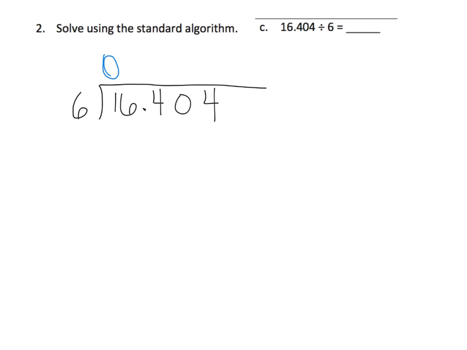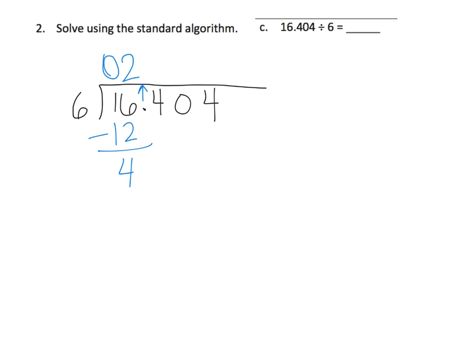That means that 110 cannot be cut into 6 groups, so that's the 0. So now we have 16 ones, and those 16 ones can be sorted into 6 groups. In fact, 2 dots would go into each of those 6 groups. That means we'd use up 12 dots, and we'd have 4 dots left over.